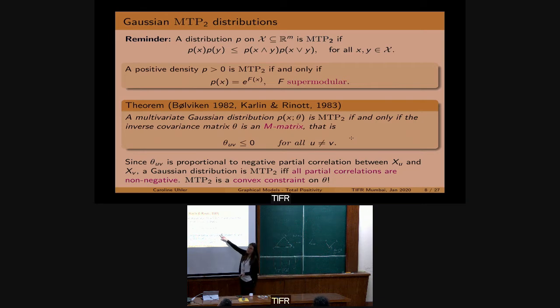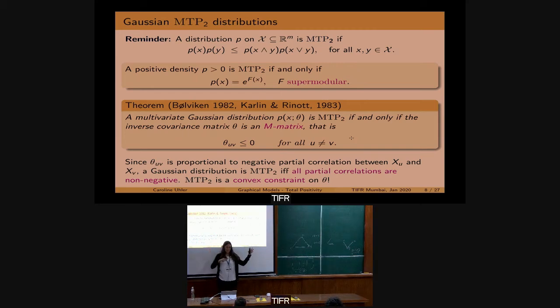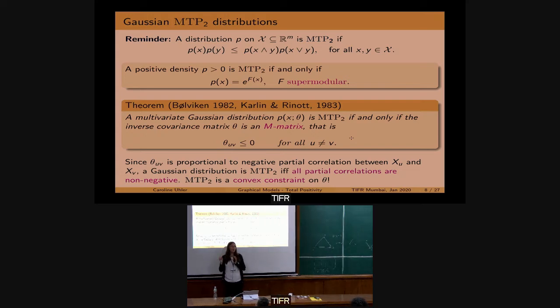And maybe a linear algebra fact, which actually came up in the next slide. When you have a positive definite matrix where all off-diagonal elements are smaller or equal to 0, you can easily prove that if you invert that matrix, all entries are larger or equal to 0. The opposite is not true. Okay, and that's the difference between MTP2 and positive association in the Gaussian setting. Positive association means the covariance matrix has all entries larger or equal to 0.